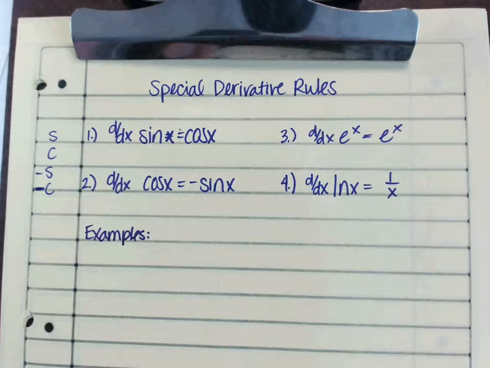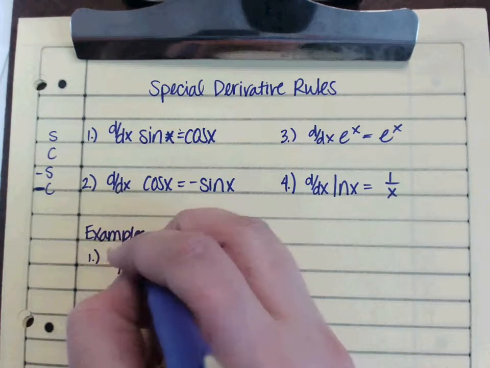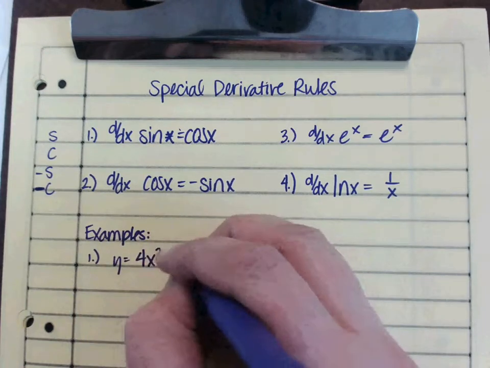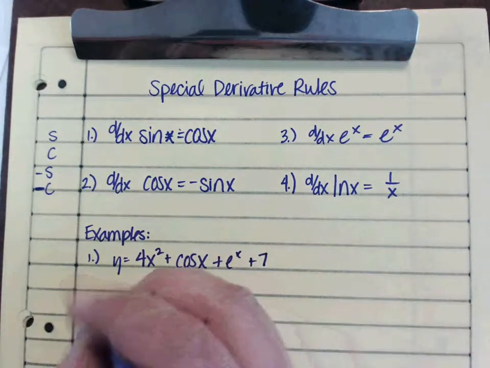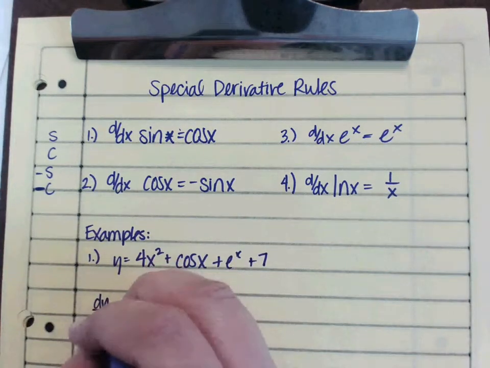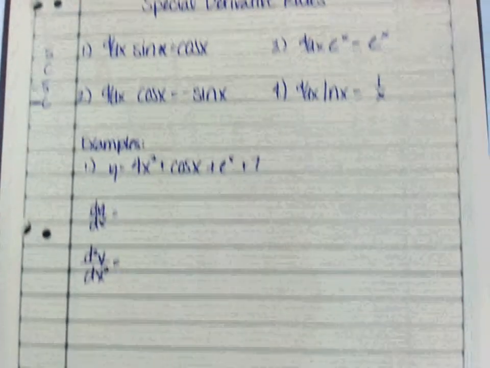Okay, example number 1, you're going to have y equals 4x squared plus cosine x plus e to the x plus 7. You're going to find for me dy dx, and then d squared y dx squared. Let's review what that stands for.